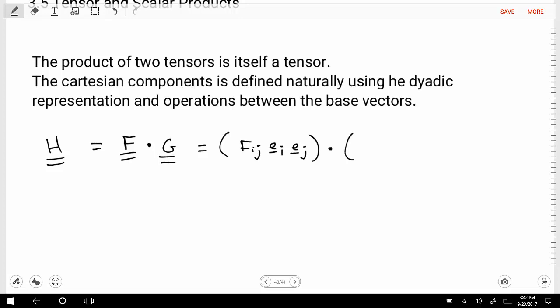The dot product of that with respect to G_kl, so we get some new indices here, the base vectors e_k and e_l, right?